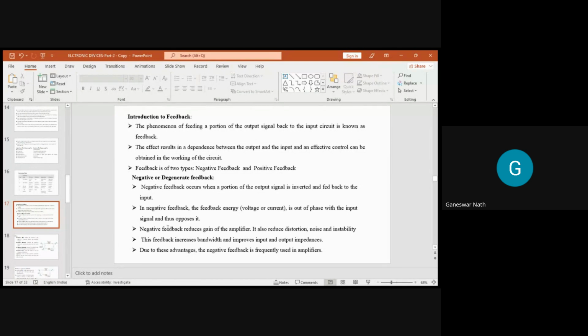In negative feedback, the feedback energy, measured in terms of voltage and current, is out of phase with the input signal and thus opposes it. Negative feedback reduces the gain of the amplifier. It also reduces the distortion, noise, and instability. This feedback increases the bandwidth and improves the input and output impedances. Due to these advantages, negative feedback is frequently used in amplifiers.